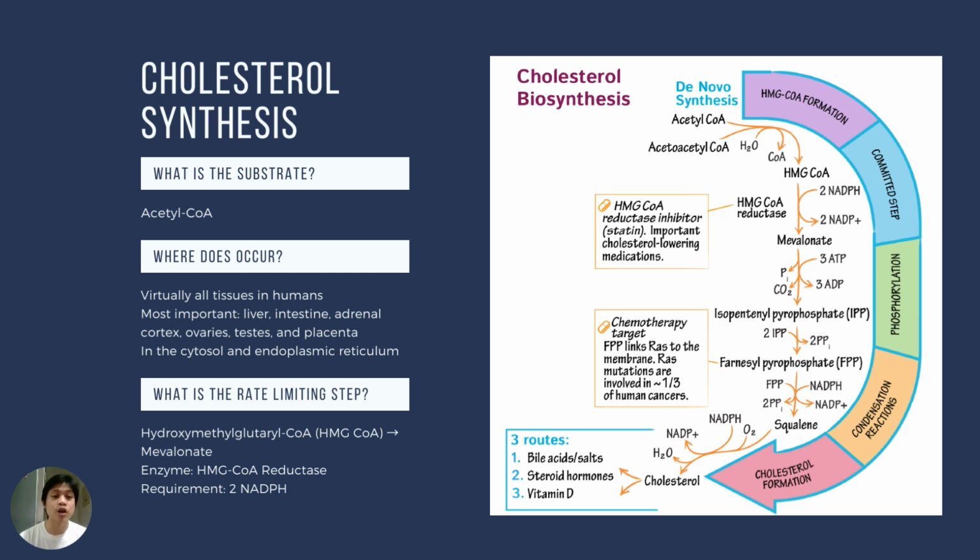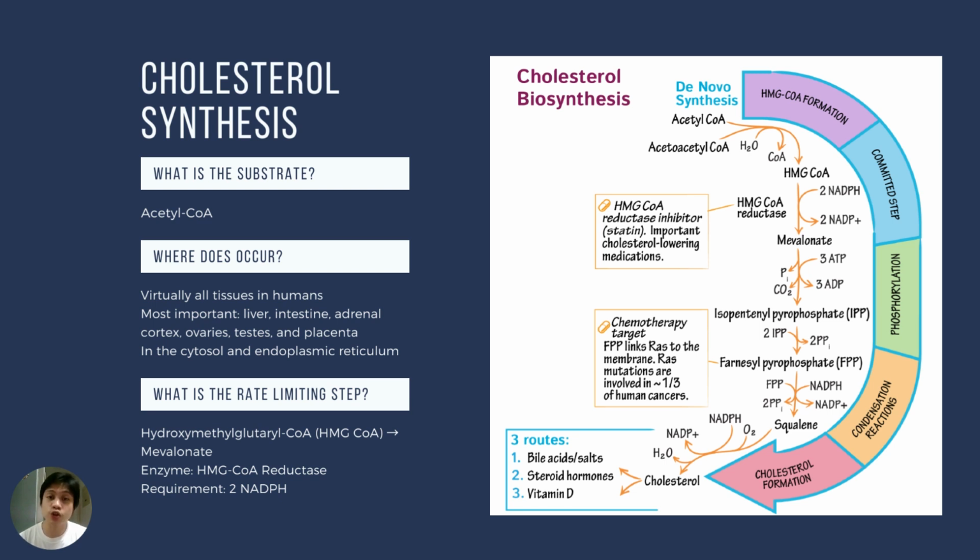The reduction of hydroxy methyl glutaryl coenzyme A. The requirement for this reaction is 2 molecules of reduced NADP. Since this is the slowest step in the reaction, if we can alter the kinetics of this reaction, then we also alter the entire cholesterol synthesis pathway.